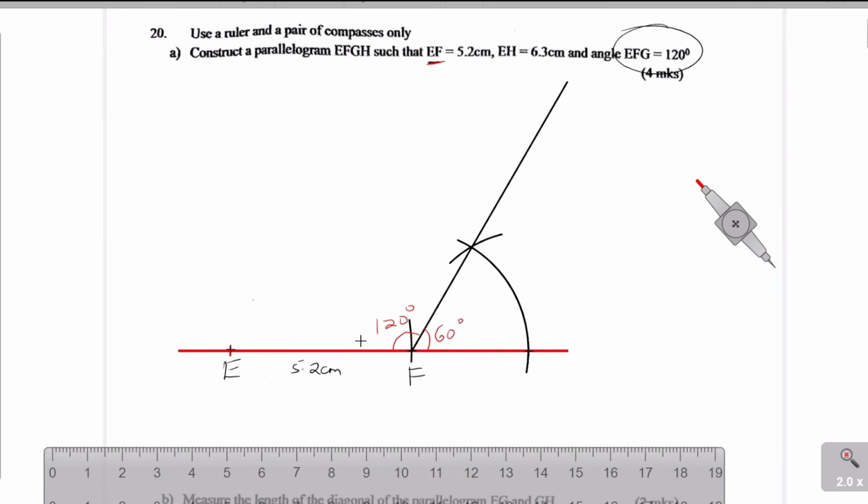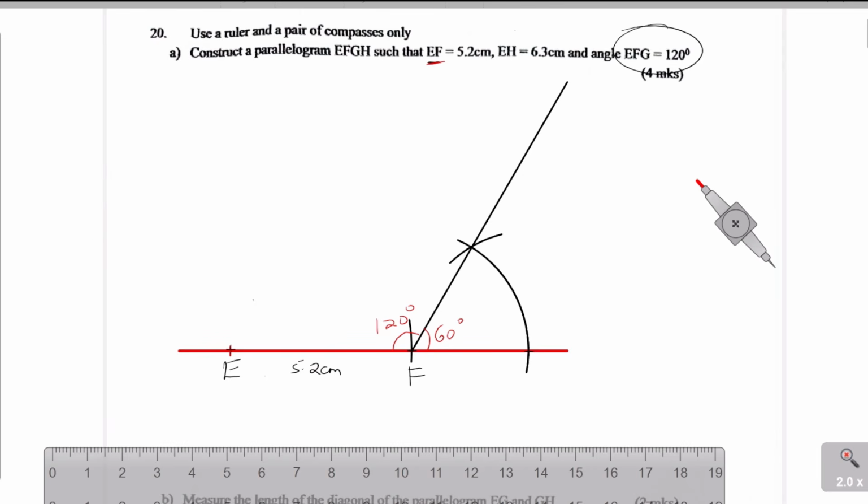Since this angle is 60, the other angle here must be 60 as well, because EF is acting as a transversal, and these two lines are parallel to one another. If I have 60 degrees on this side, I should have 60 degrees on the other side. Those angles are corresponding.